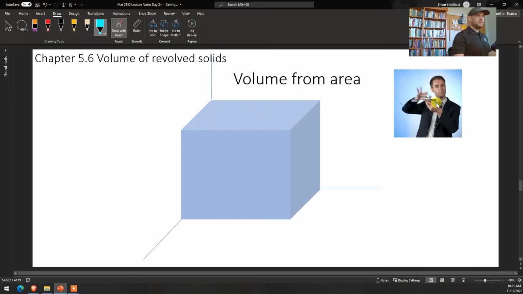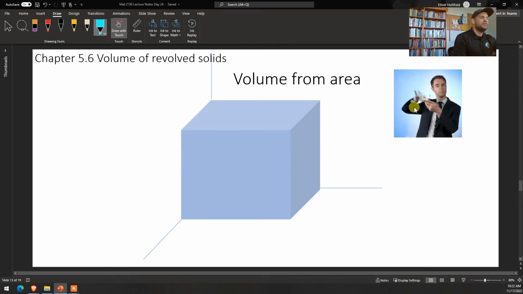Next, we'll move into chapter 5.6 and discuss the volume of revolved solids. The first idea we need to make peace with is coming up with volume from area. Let's think about this guy making it rain with this stack of dollar bills.